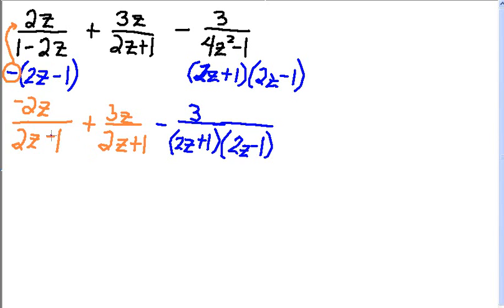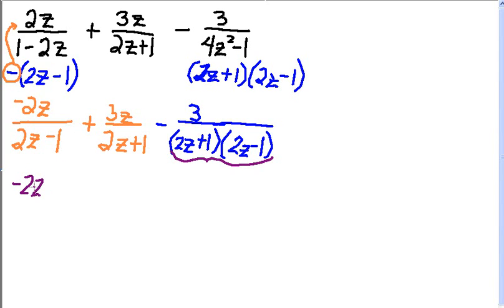And now it becomes fairly obvious what our least common multiple is in this case. I have a 2z minus 1, a 2z plus 1, and a 2z plus 1 times 2z minus 1. So this actually is my least common multiple. So what I want to do is get each of these first two terms in terms of my common denominator.